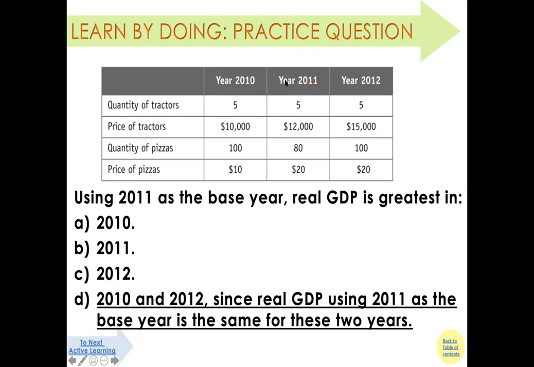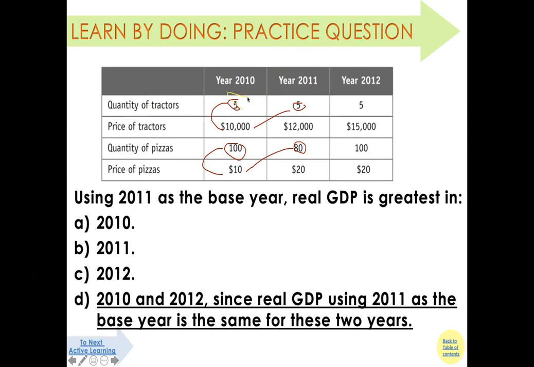What that means is you can calculate the real GDP by using 5 times this number, 100 times this number, and 5 times this number, and 80 times this number. And then you calculate the change in output. But alternatively, we can do it the other way. Let's use a different color.